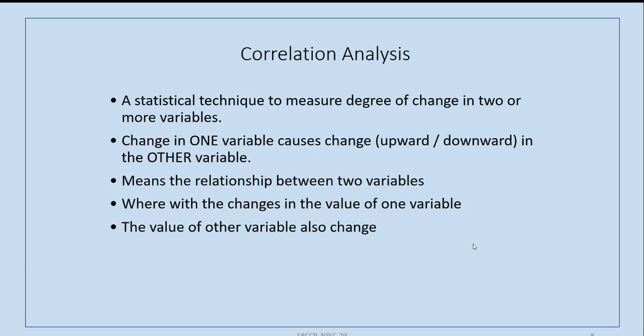For example, height and weight. Suppose the height increases, what is happening to weight? Suppose income is increasing, what is happening to expenditure? Is there any relation between them? There should be some change in the other thing also. So that is the meaning of bivariate variables or correlation.